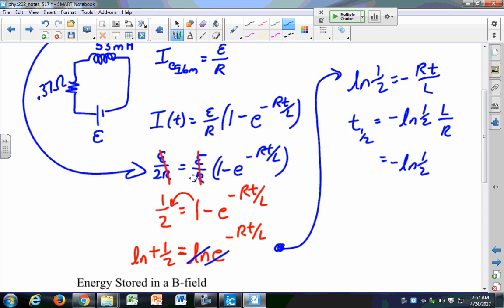L is 53 times 10 to the minus 3. And R is 0.37. All right, so that's going to be, I get negative 0.69 for the natural log of 1/2, and I lose the negative.